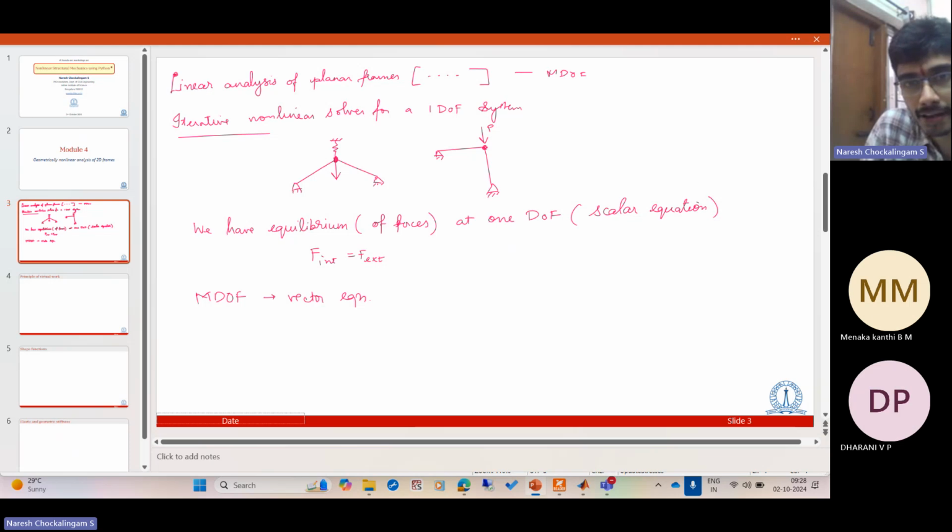So this point can move downwards and it can also move rightwards. So this has got 2 degrees of freedom. Therefore, we'll get two equations of equilibrium, say something like this. F1, F2 external is equal to F1, F2 internal. So this is slightly more complicated to deal with, but there are ways to do it.